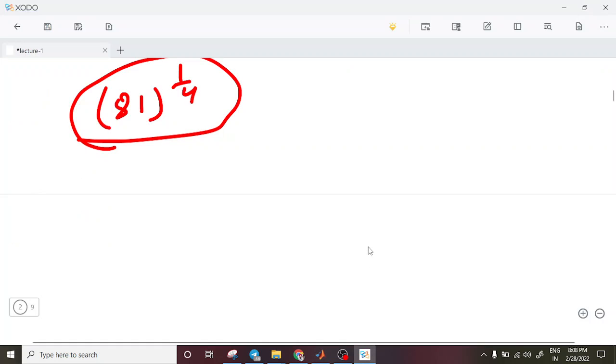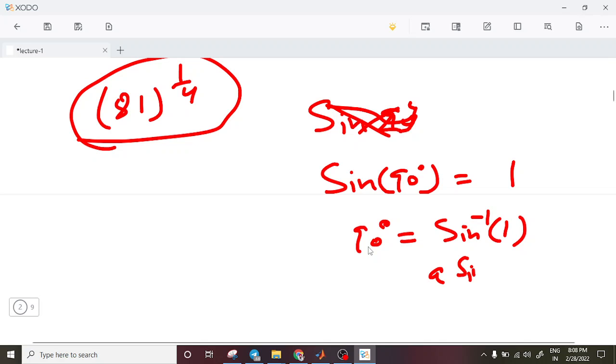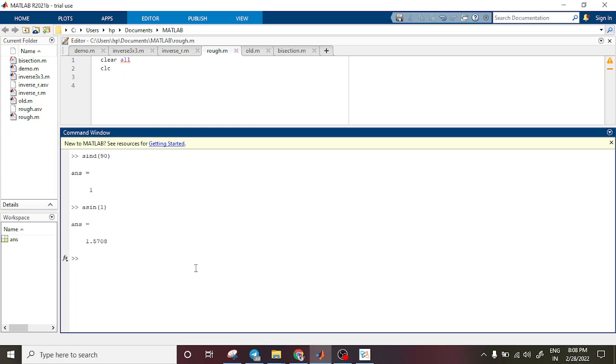For example, sine of 90 degrees is equal to 1, so asin of 1 should be 90 degrees. The answer should be 90 degrees, but we are getting a different answer. This answer is in the form of radians.